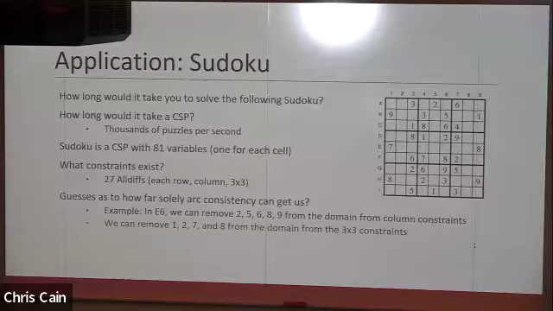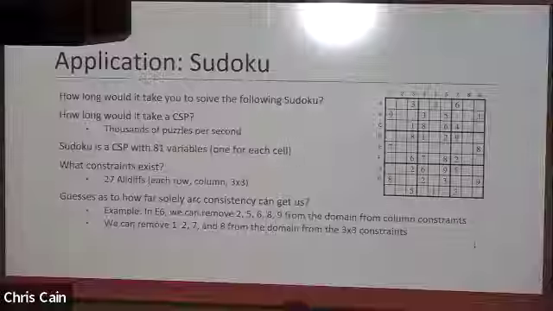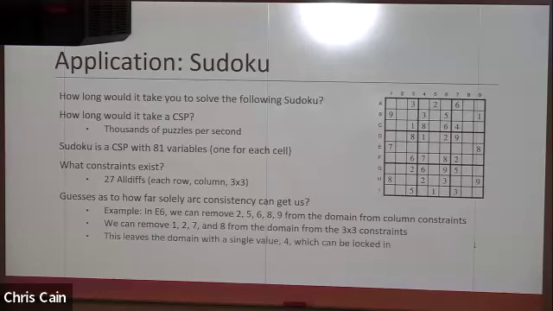So row constraints, column constraints, then 3x3 constraints leave us with the domain of a single value, which can be locked in. Note that this only works if there is a 1 through 9 minus what it should be somewhere in the row, column, or 3x3. That is not the only logical way to deduce what goes into a cell. But for any cell that can be filled in using exactly that trick, arc consistency can find it.